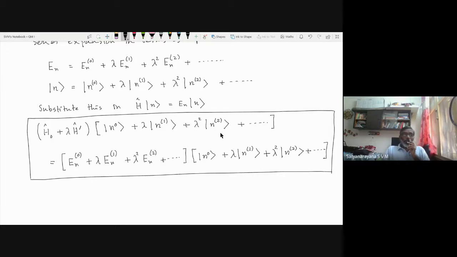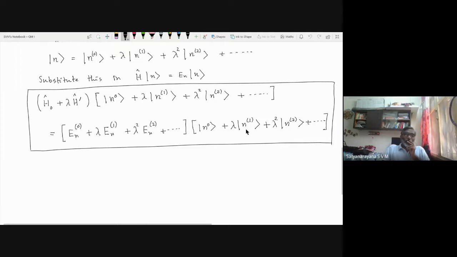Now lambda is a parameter and in any equation we expect that the coefficient of every power of lambda should match between the right hand side and left hand side. So for example, if you collect the coefficients of lambda to the power 0, I will get some equation.